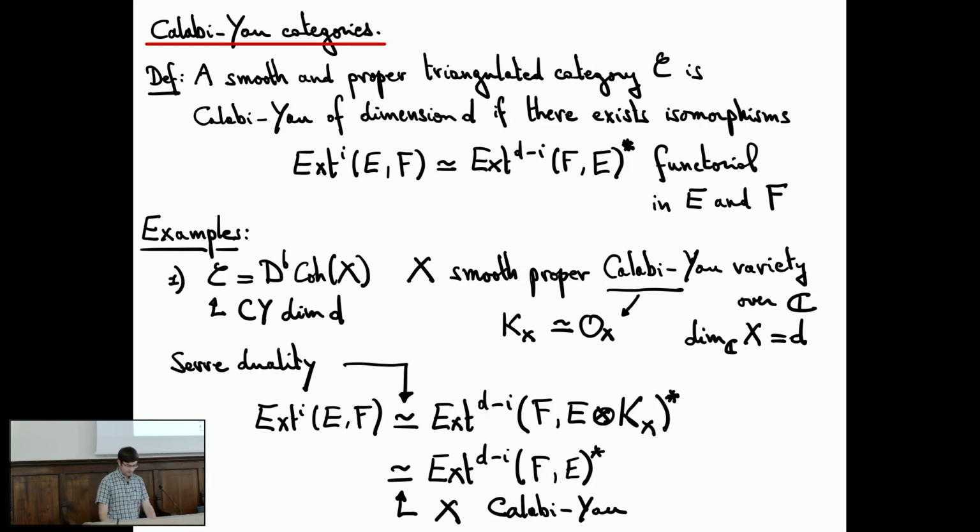And what is special about Calabi-Yau varieties is that for them, Serre duality for coherent cohomology of sheaves takes a very simple form.